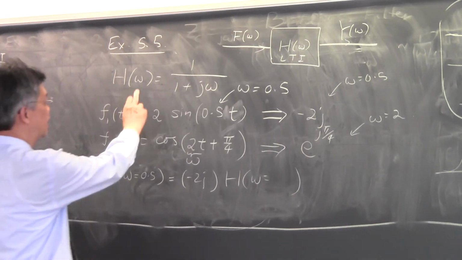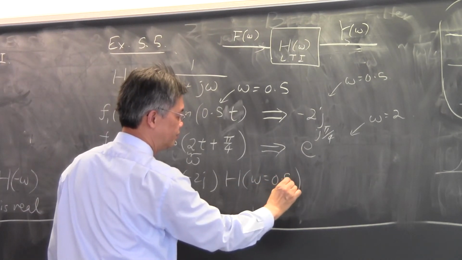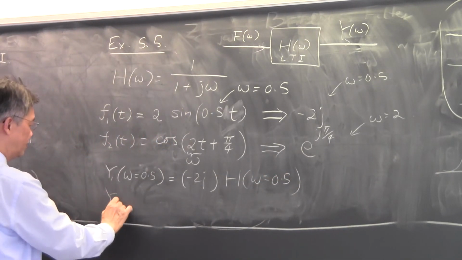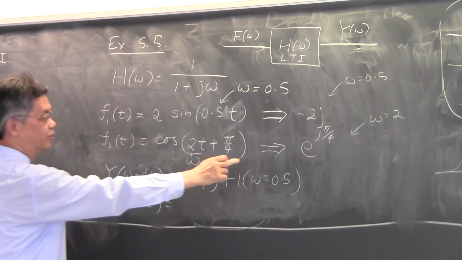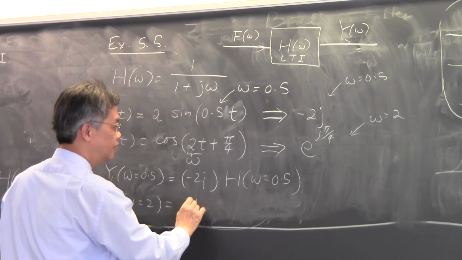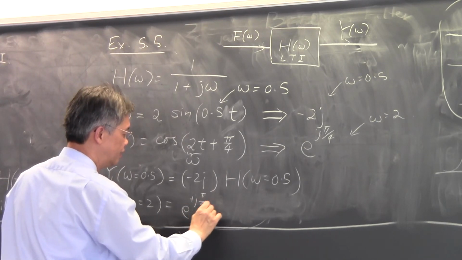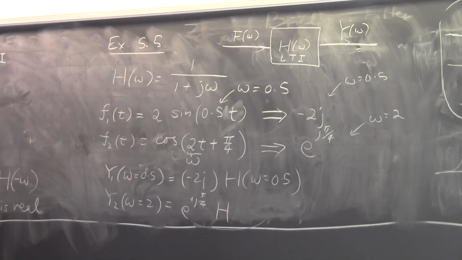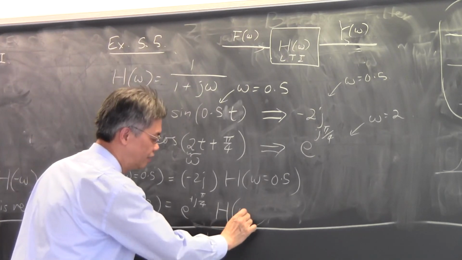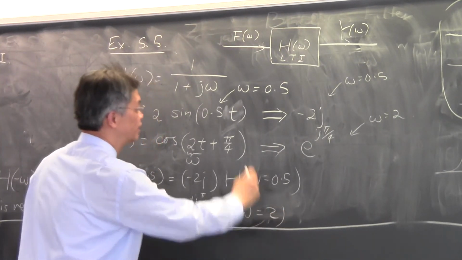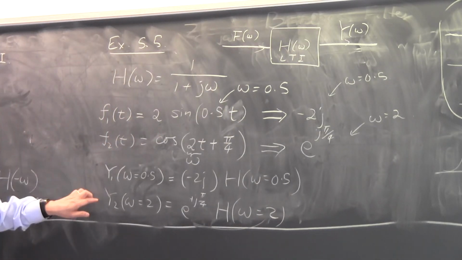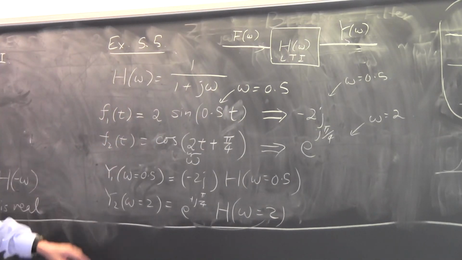This has to be evaluated at omega equal to 0.5. Y2 at omega equals 2 would be the input phasor, e to the j pi over 4, times the frequency response evaluated at 2.